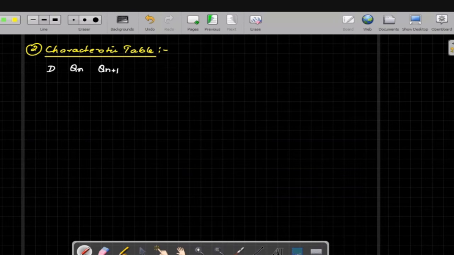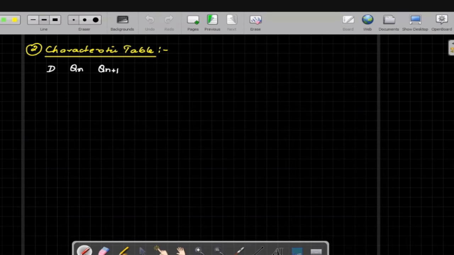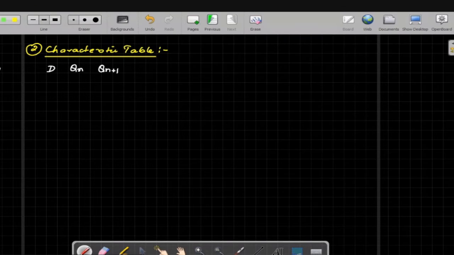So in the previous slide, we have seen this truth table. So I'm going to take help of the previous slide. It isn't new actually, because D and Qn plus 1 we have seen: if we have no clock, then of course we have the previous output, but if we have 0 then it is 0, and if it is 1 then it is 1.